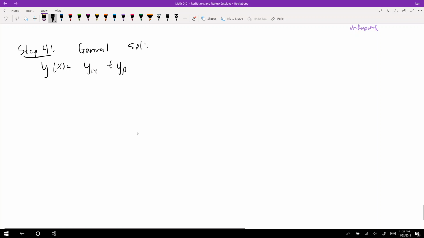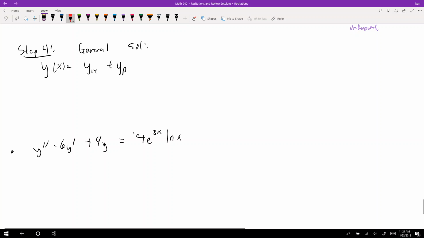So for example, let's take a look at the following differential equation: y double prime minus 6y prime plus 9y is equal to 4 e to the 3x ln x. This ln x term makes it impossible to use annihilators or the method of undetermined coefficients to solve this problem.